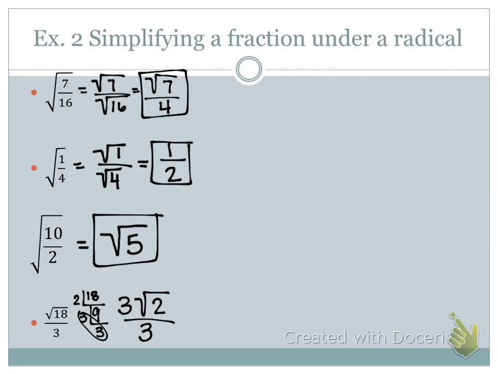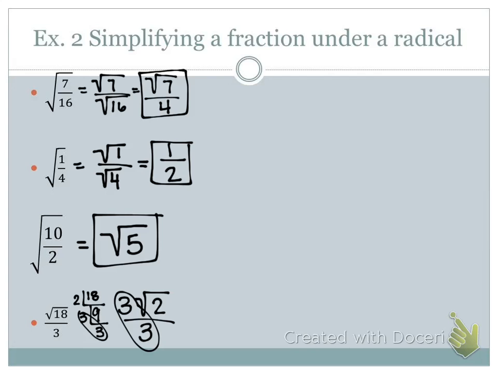Now, once you pull the 3 on the outside, that is a whole number now. It's fair game. If I give you the fraction 3 over 3, what would you simplify that to? 1. Very good. That's exactly what you have here, 3 over 3.